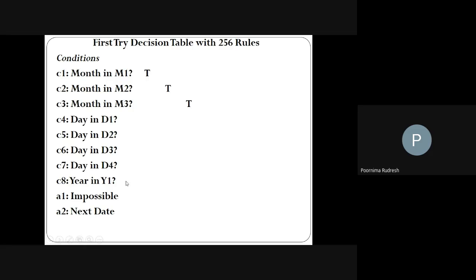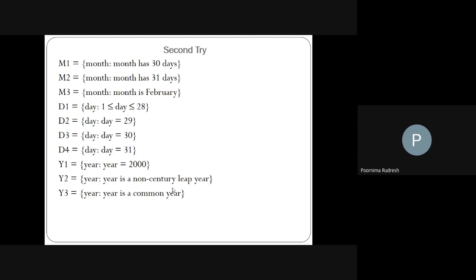Based on the values of month, day, and year, we are considering the actions are impossible actions, and if we enter proper input values, then the program is going to compute the next date. So as I said, I have defined D1, D2, D4: 28 days, 29, 30, 31, and the leap year.